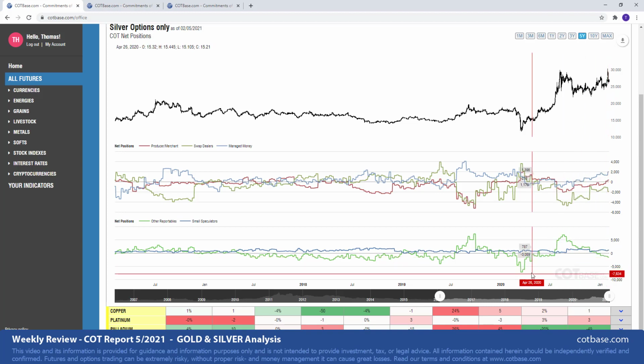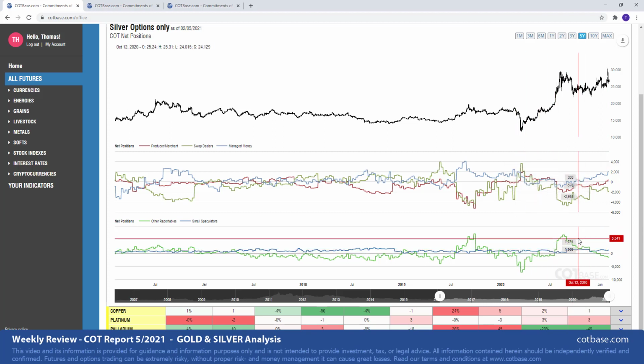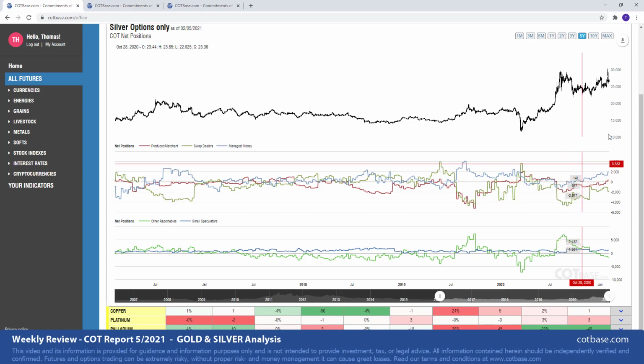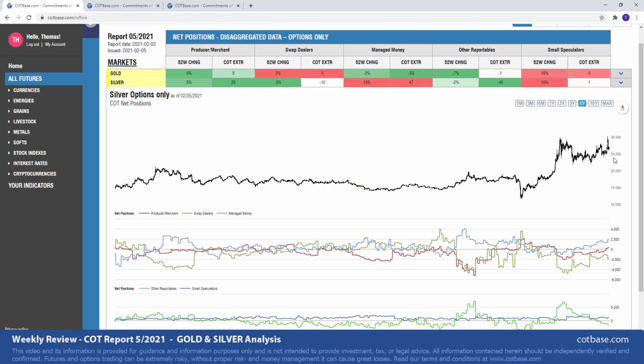So it really just shows you from the options data perspective that there's not much that is halting the rally in silver. This is really going on, and it could continue its course for quite some time before the report tells us otherwise.